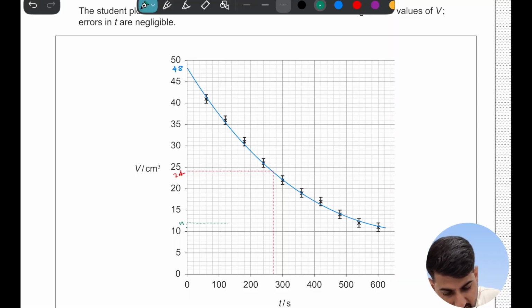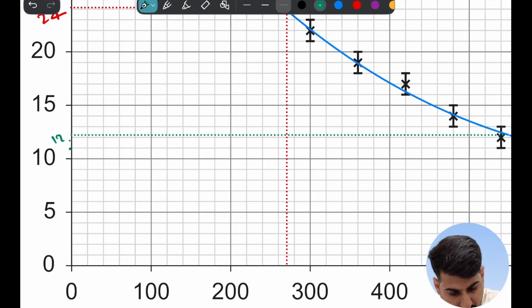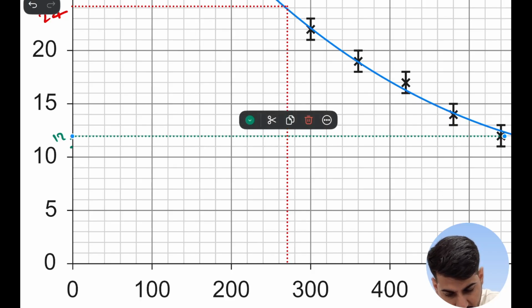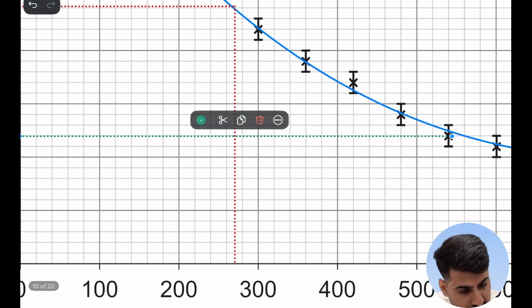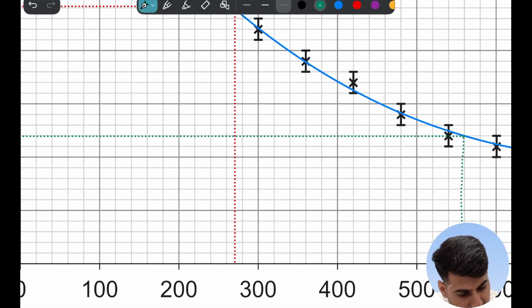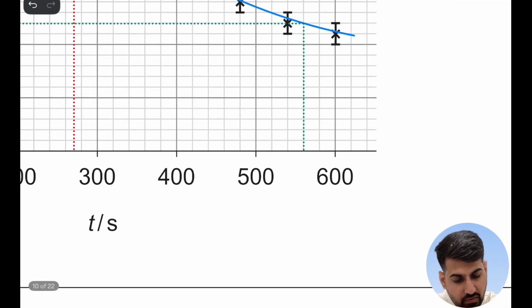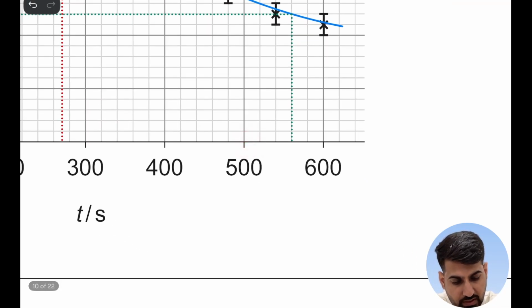So this is 12. Let me zoom in here. This is 12, so this is going almost here, and this point is almost here, right? If you look here, this is having a division of 500 and this is 600.